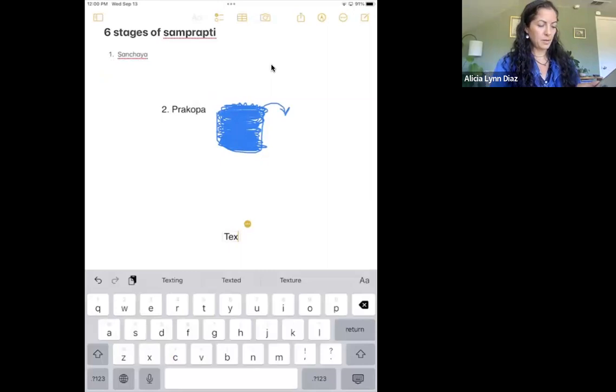Prasara. Sara means spreading. So prasara means now it begins to spread. It's the beginning of the spreading stage. So that bucket overflows and now it is spilling over, and it's starting to spread in these little rivers all over the ground.